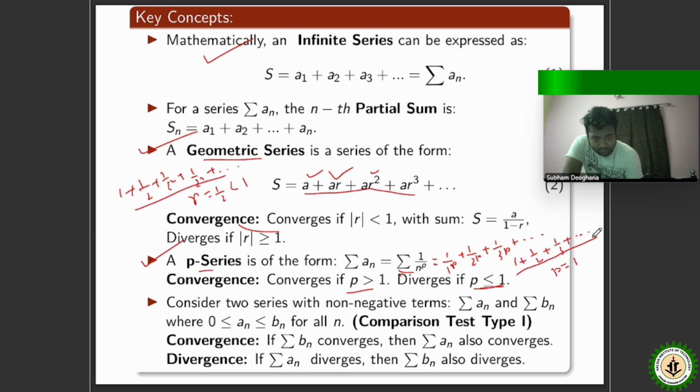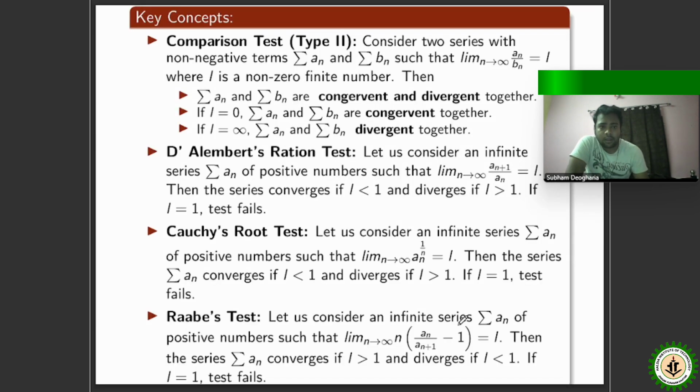After that, we discussed the comparison test of type 1 and type 2 also. We also discussed earlier the D'Alembert ratio test.